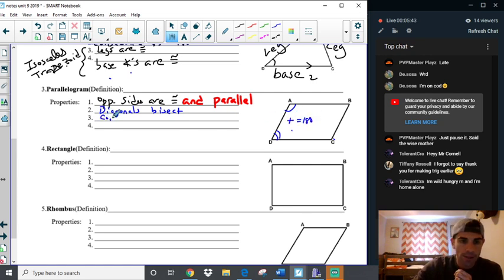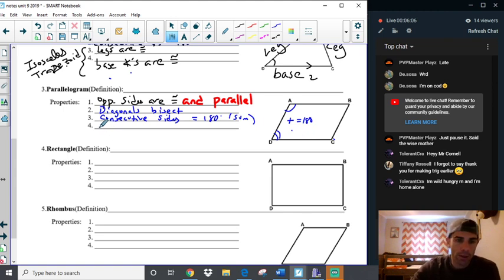Consecutive angles equal 180 degrees. I'm not just talking about A and D. I could talk about A with B, or B with C, or C with D. Remember, consecutive means next to each other. So A is next to D, A is next to B, and so on.